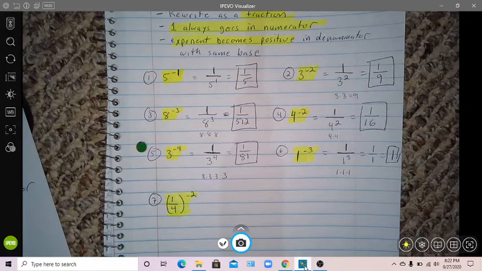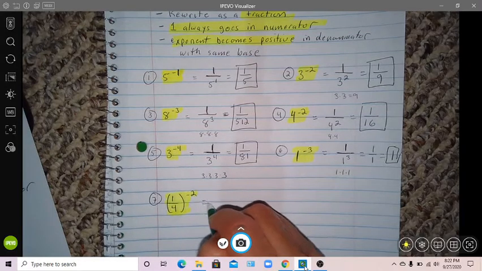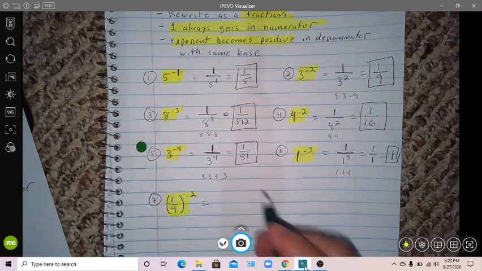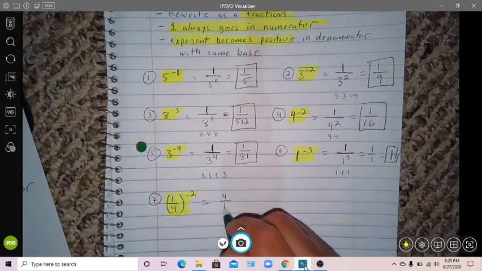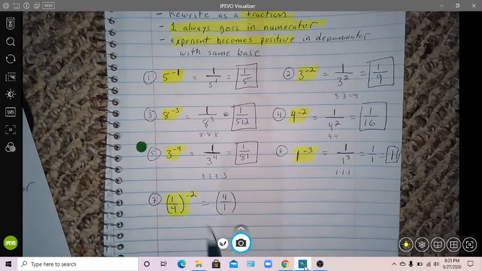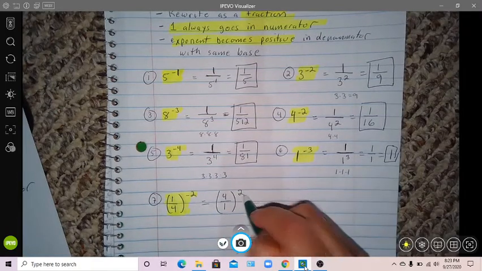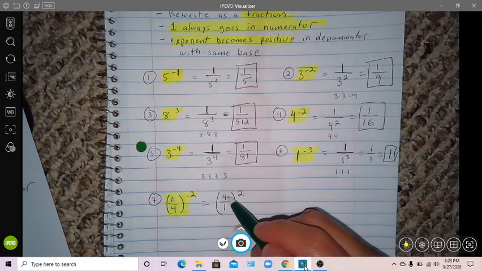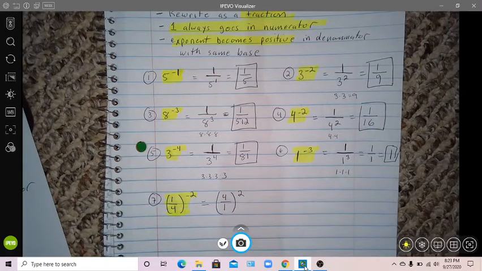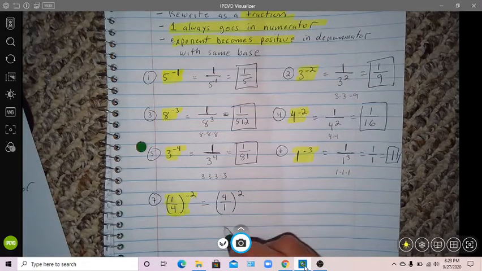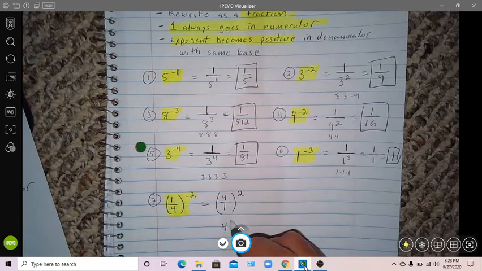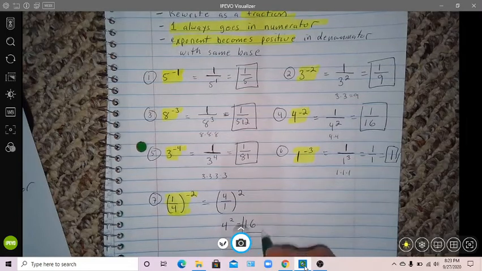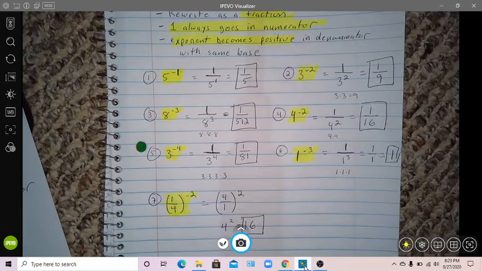For one like this, you'll flip the fraction. The exponent becomes positive. 4 divided by 1 is 4, so you have 4 squared. And 4 squared is 16, and that's what you would type into the computer as your answer.